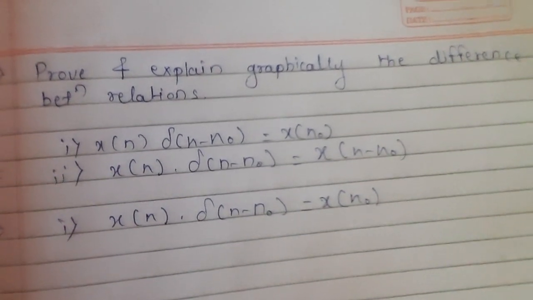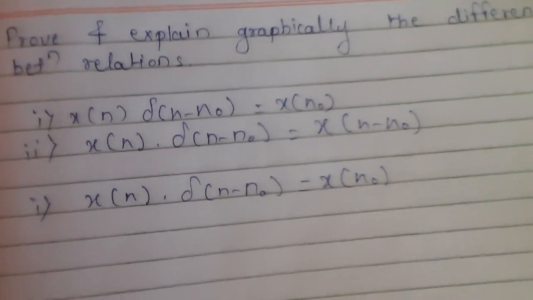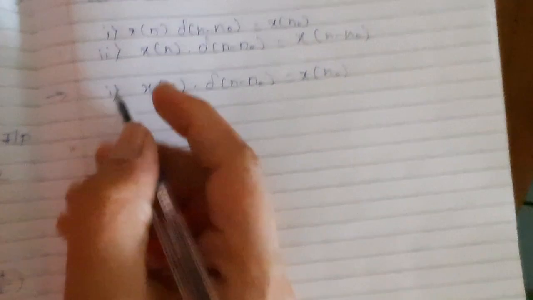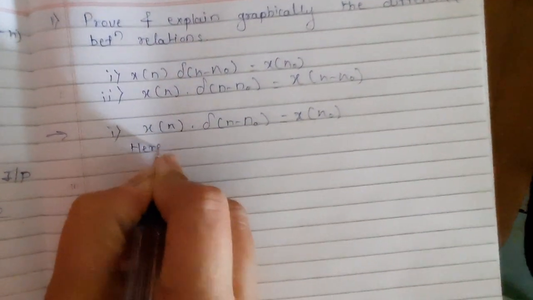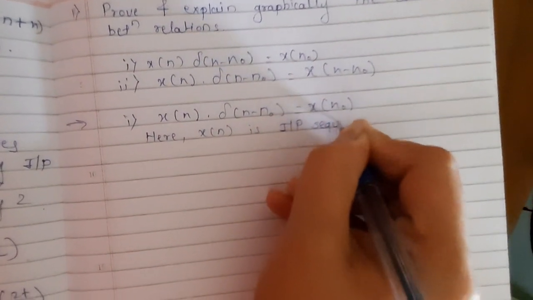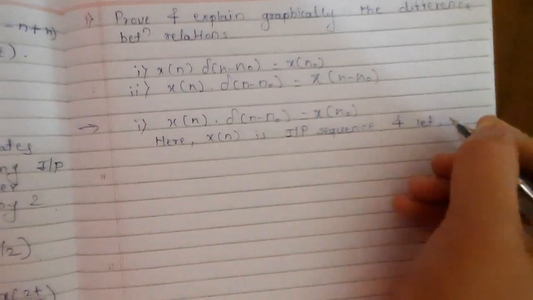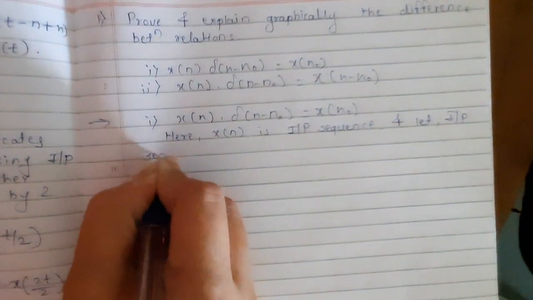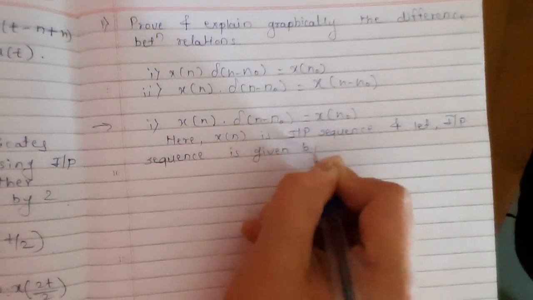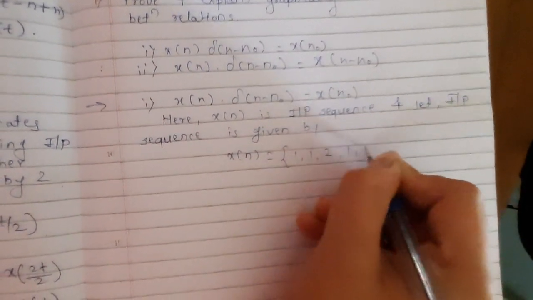Here x of n is the input sequence, and it is given by, let us consider one value: 1 1 2 1 1.